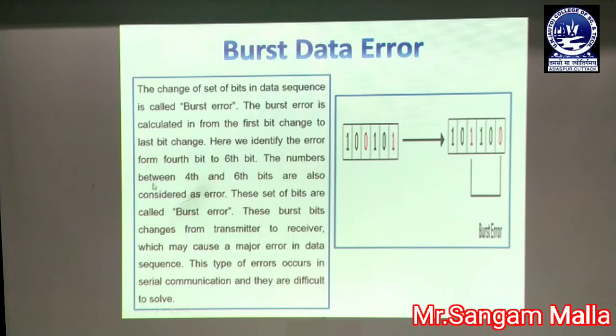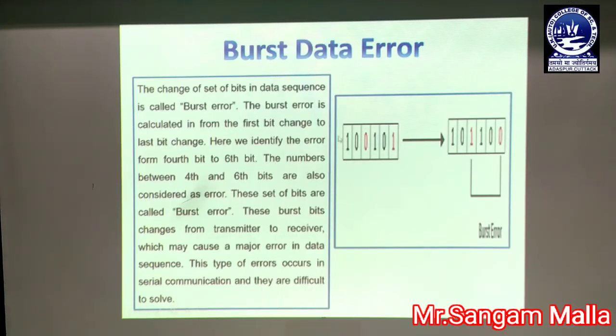So the bits between the 4th and 6th bits are also considered as error. That means whenever we encounter the first bit error and we encounter the last bit error, the bits between those two, from the first error to the last error, are also considered as bit error.